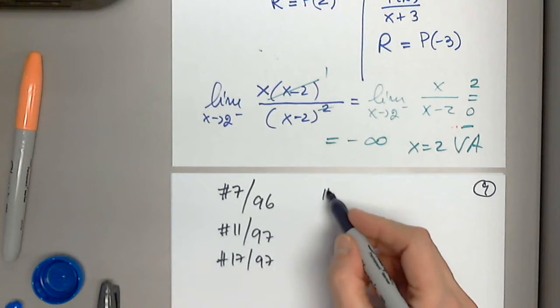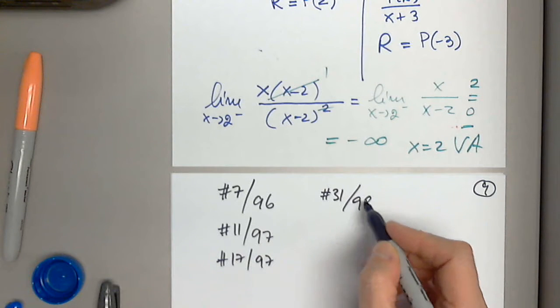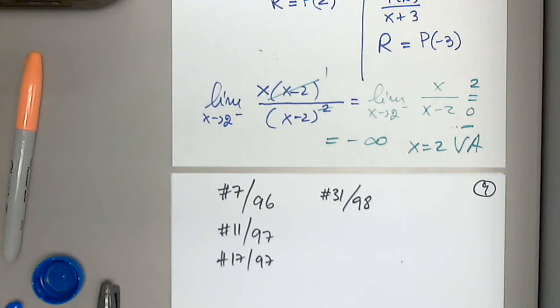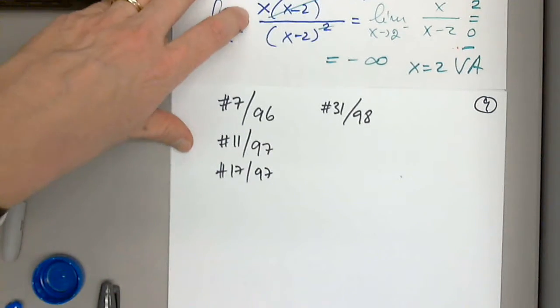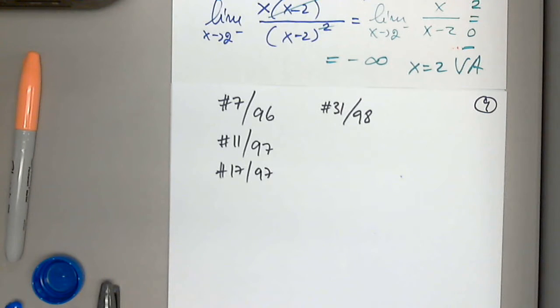And 31 on 98. And now I would like to choose another problem, for example, 37. And then after 37, we'll stop. I would like to see as many of you today after class, if you have time to work on something. Yes, Vanessa? So 7, 11, 17, 31, and 37? No, I'm doing 37 right now. Oh, okay.